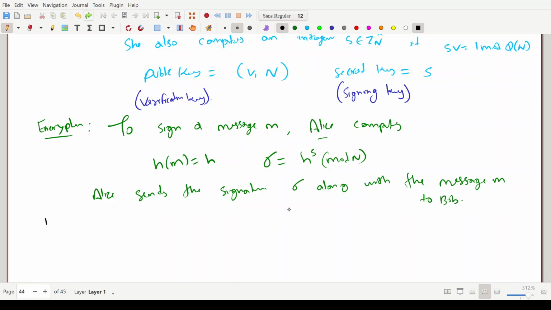How will he verify that the signature is from Alice? There is no decryption, I'm sorry, this is not an encryption scheme. Here it will be a signature. And then next is verification.